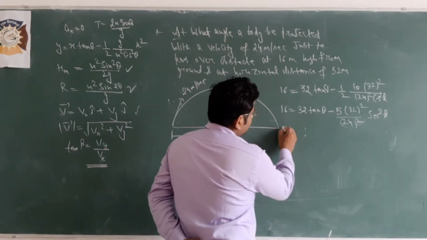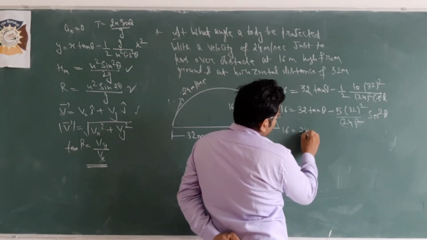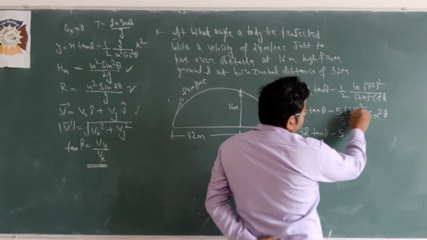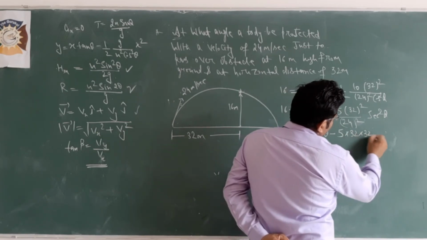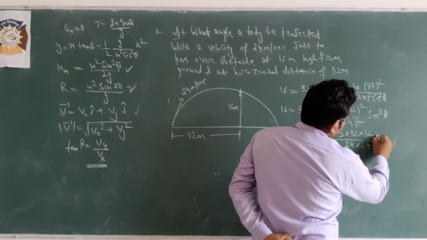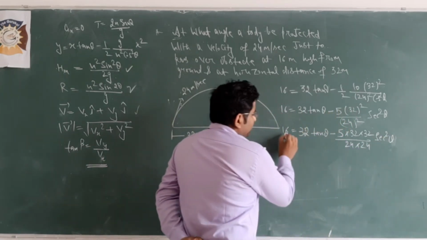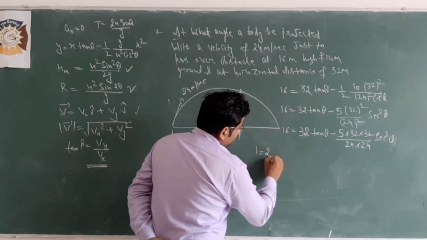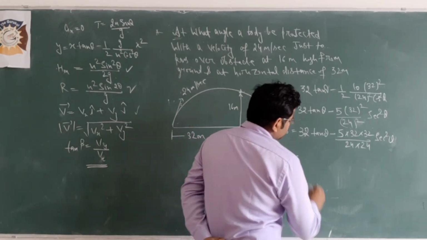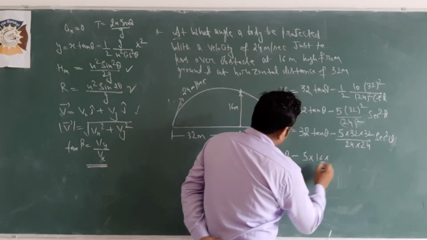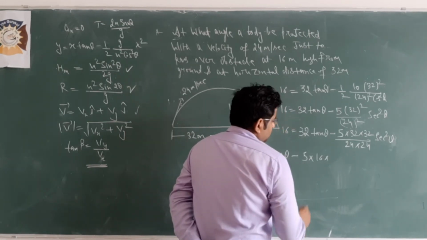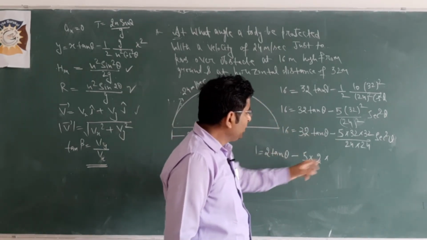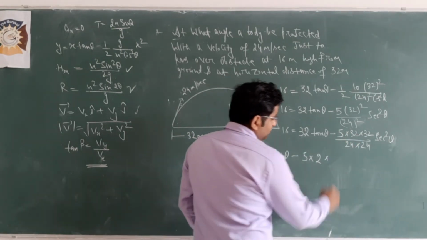Okay, now 16 equal to 32 tangent theta minus 5 into 32 into 32 over 24 into 24 secant square theta. Dividing by 16, 2 comes, so 1 equal to 2 tangent theta minus 5 into 16 into 2 divided by 16, so 1 is left here and 2 here, and in place of 32 we write 2.